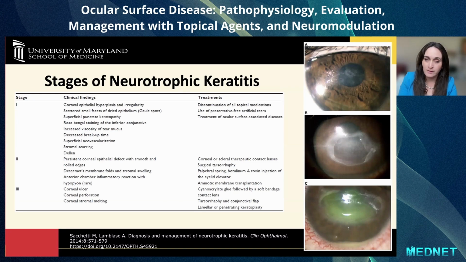A tarsorrhaphy can be incredibly helpful in these patients. Amniotic membrane transplant. If you're worried about perforation, you want to think about glue with a bandage contact lens, a tarsorrhaphy, and in the worst case scenario, you want to think about full thickness or a lamellar keratoplasty. Again, there are newer medications like oxervate that can be helpful for this.